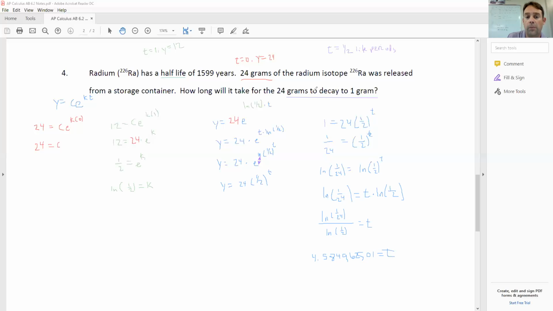Now, friends, this is where we come back to the fact that we know how long a half-life is. So 1 half-life is 1599 years. So what I'm going to do here is I want to figure out how many years these are. So essentially, I'm going to just take my t value.